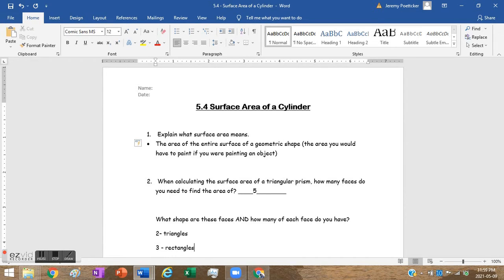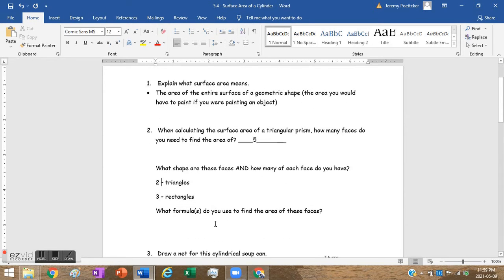And so you sort of have to adjust your formula a little bit depending on if they're the same size or not. Worst case scenario, you have 2 triangles that are the same, and then you have 3 rectangles that are not.